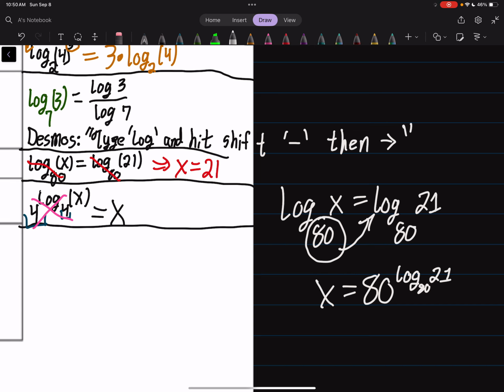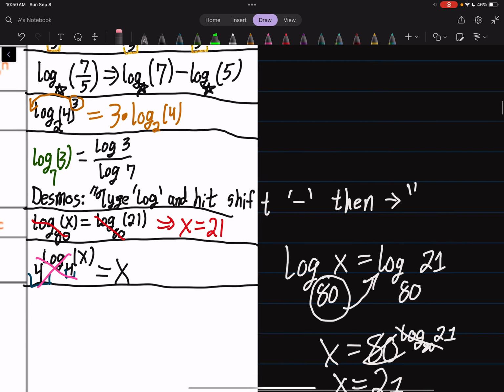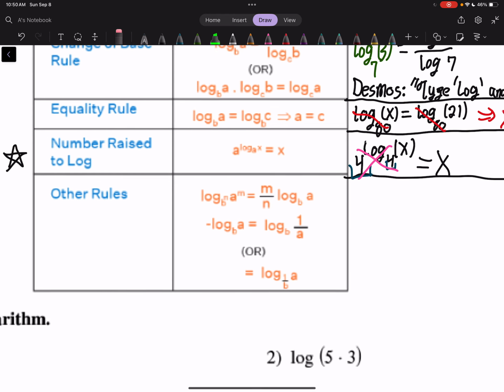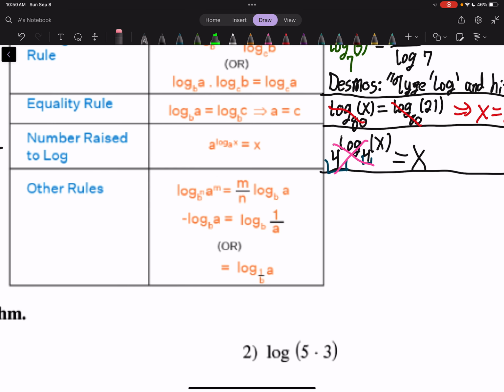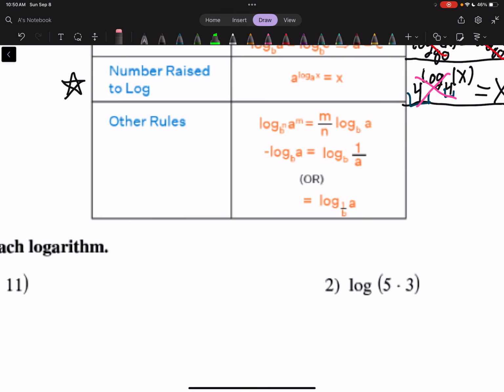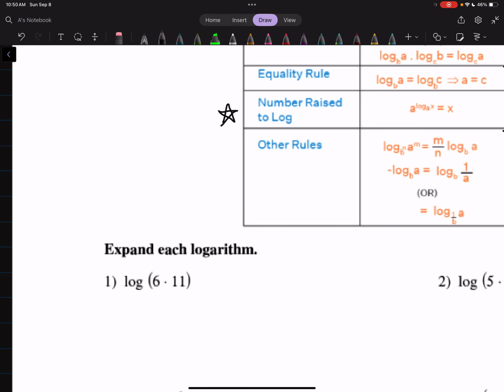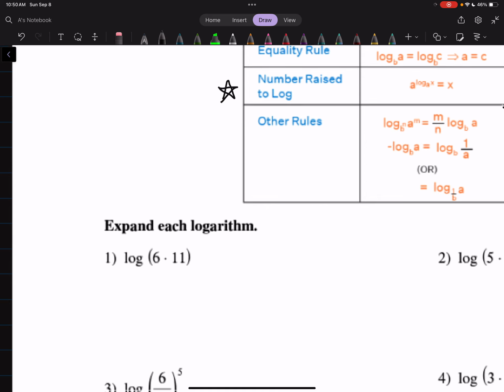From the power raised to the power rule that I just showed you, the 80 and the log of 80s cancel. x is equal to 21. That's why it works. Okay? You don't necessarily have to know why, but then again, it might help you. You can look at the other rules. Honestly, you're not going to be using them, so I'm not going to spend your time on those.